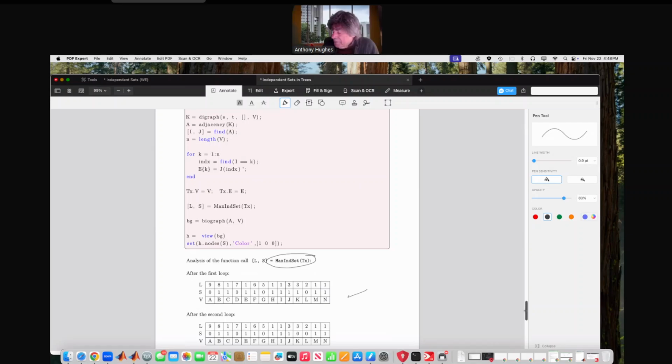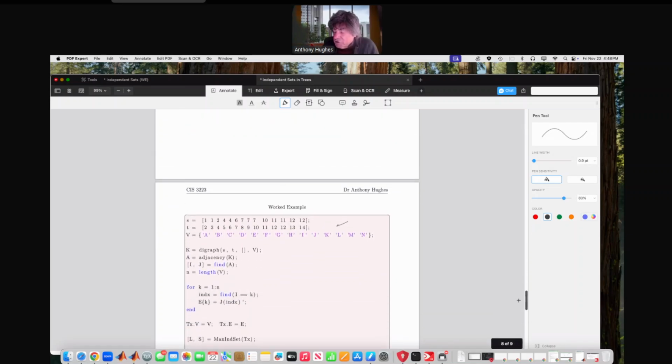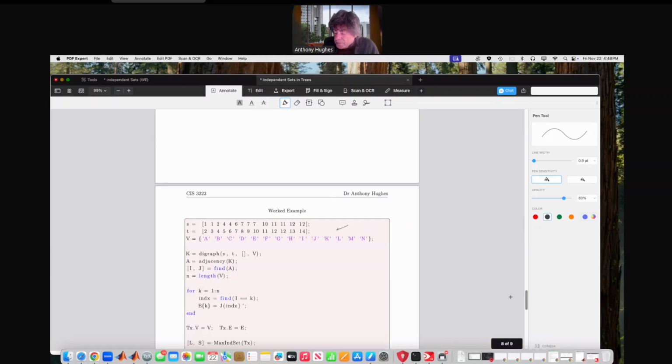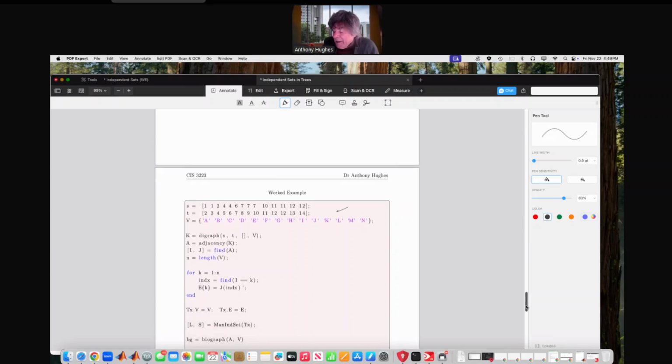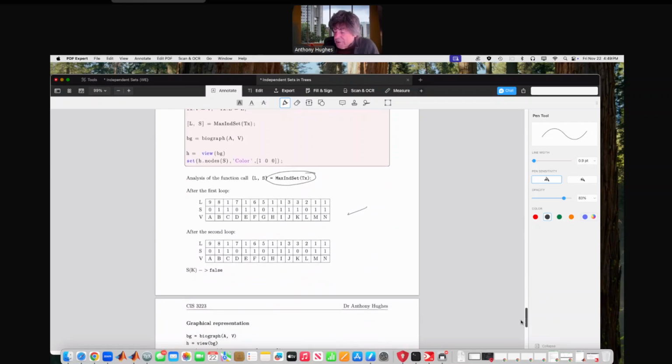I think what I can do is draw. Yeah, it's a little bit harder. What I'll do is draw the graph of this to illustrate what is going on. But if you do this by hand, you get this.